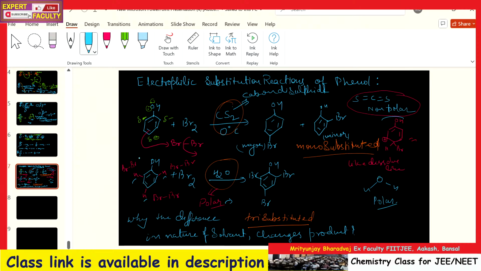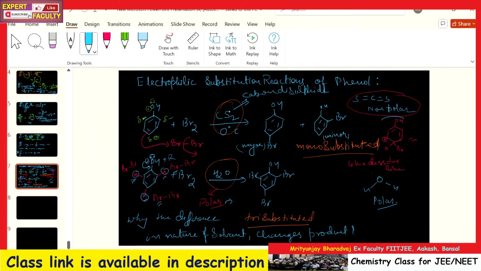The other advantage is that the benzene has a plus R effect from the OH, which also supports the electron donating nature of this ring. So the polar solvent with the plus R effect of OH combinedly makes this ring so much electron rich, and its reactivity becomes very high, and all three hydrogens get substituted by bromine. Understood?